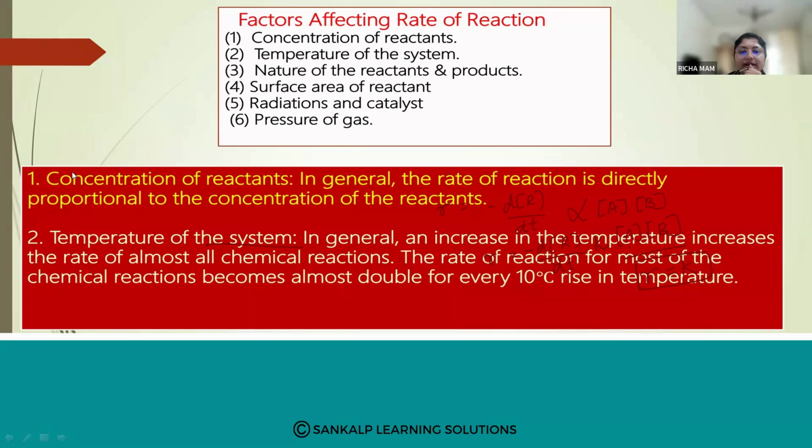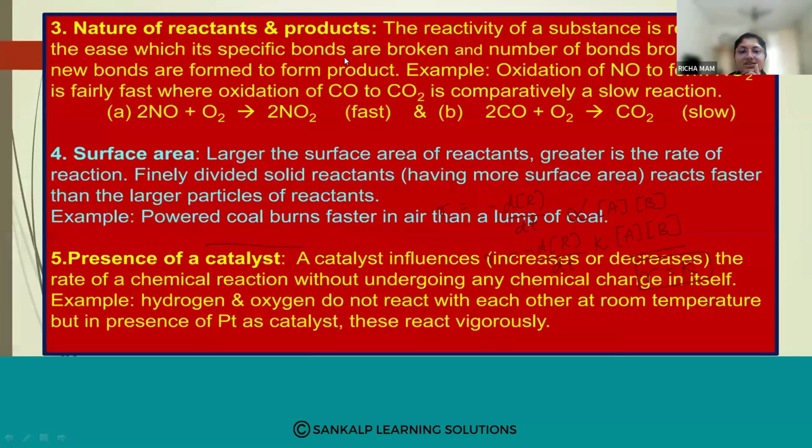Nature of reactant. So the reactivity of a substance is related to the ease with which its specific bonds are broken, and the number of bonds broken and new bonds formed to form the product. Suppose a reaction is undergoing oxidation: NO, when it reacts with O2, gives you 2NO2.